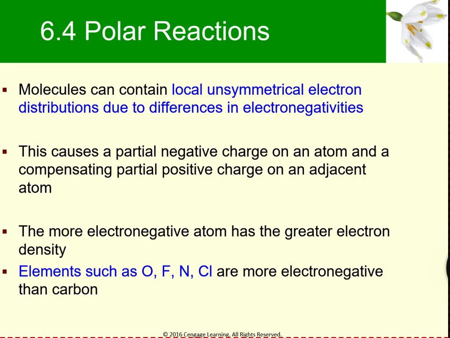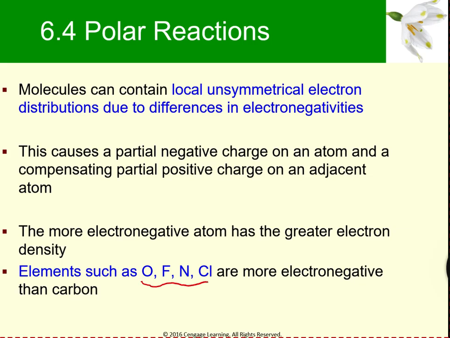Polar reactions. As I told you, polar reactions involve unsymmetrical movement of electrons. Because the movement of electrons is unsymmetrical, you have to decide where those electrons go. The electronegativity of an atom is the most important factor in the direction of electron movement.